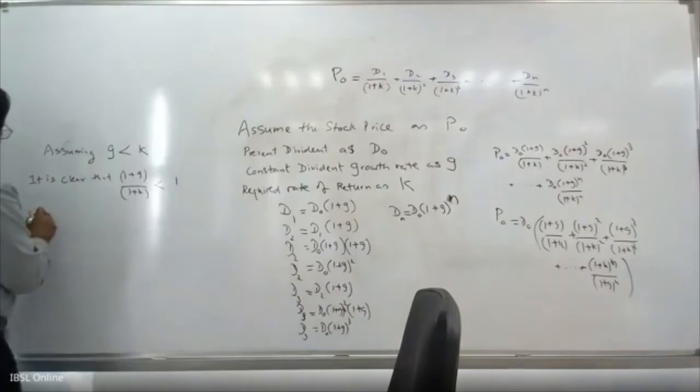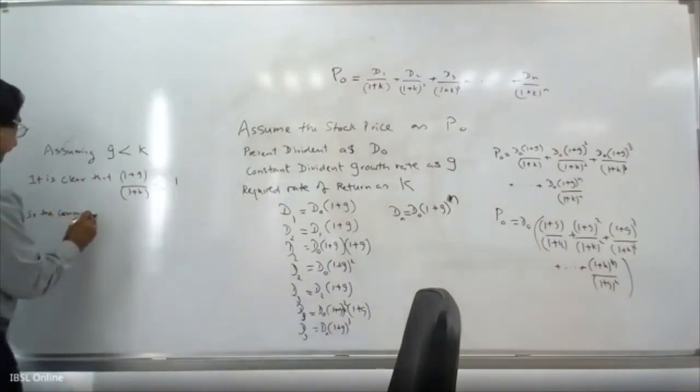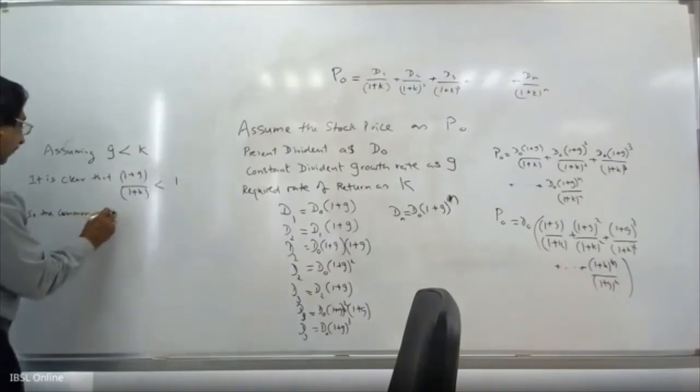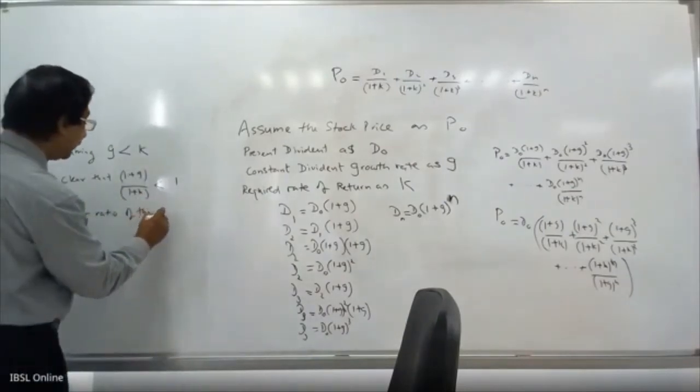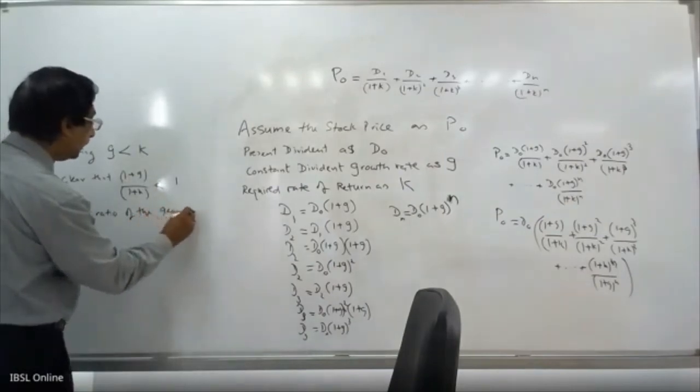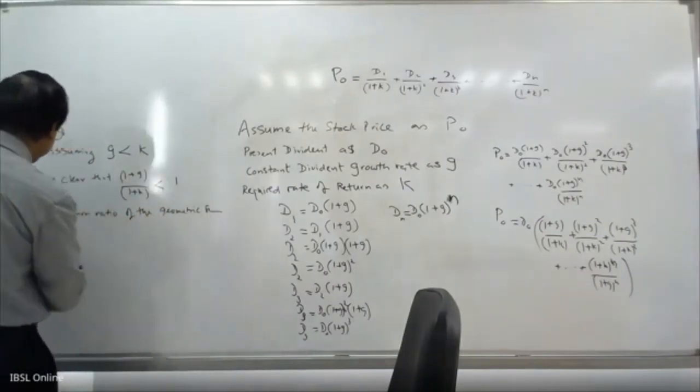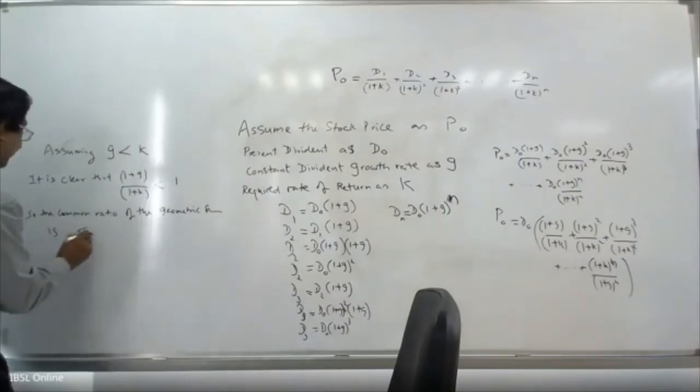So the common ratio of the geometric series is less than 1.